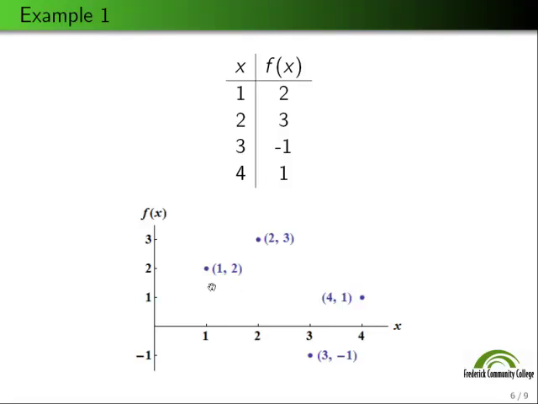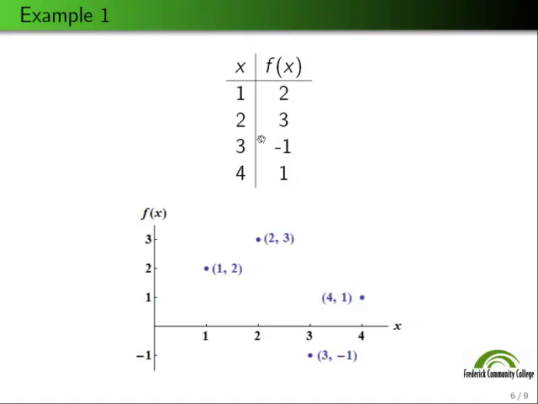This 1 means we go over 1, and that 2 means I go up 2 on the f of x axis. So (2, 3) means I go over 2 on the x axis, up 3 on the f of x axis, and we plot that point. It's represented as an ordered pair. This is the ordered pair (2, 3).